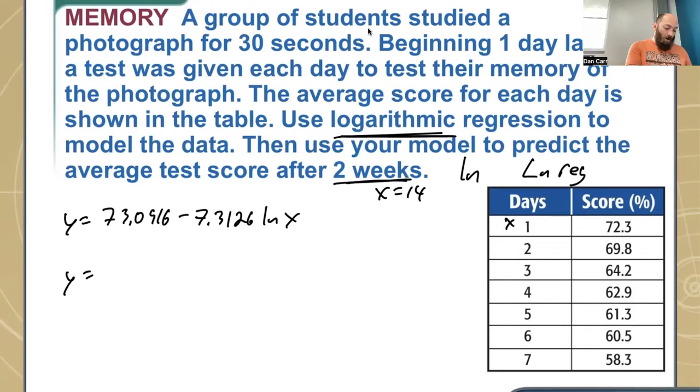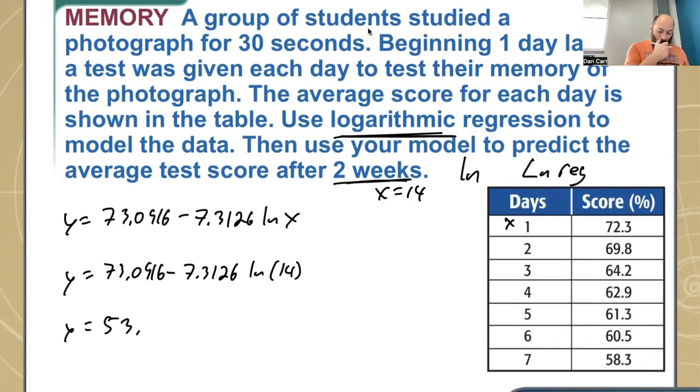So y equals 73.0916 minus 7.3126 times the natural log of 14. So the score percentage based on this prediction should be about a 53 point.